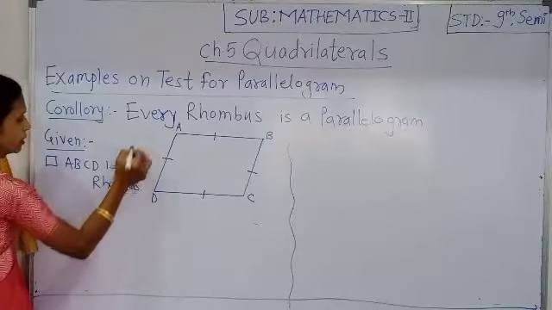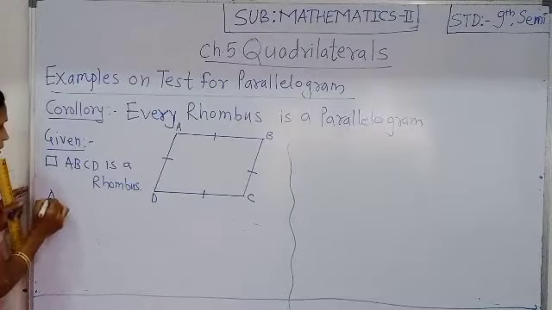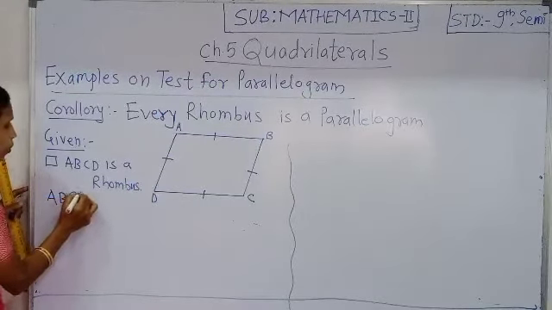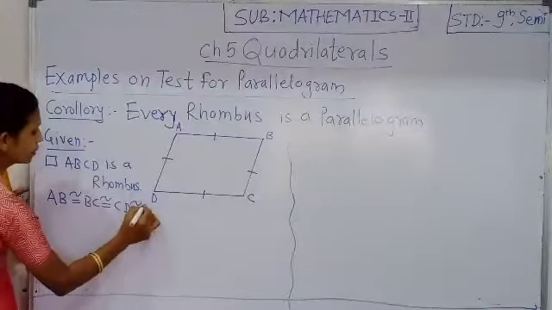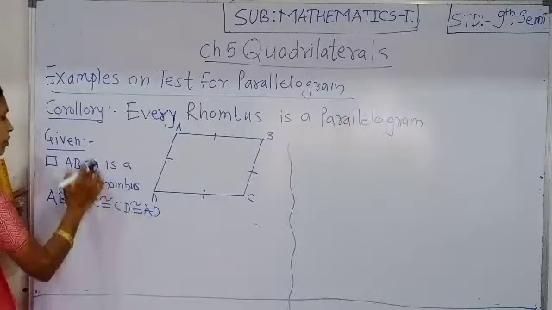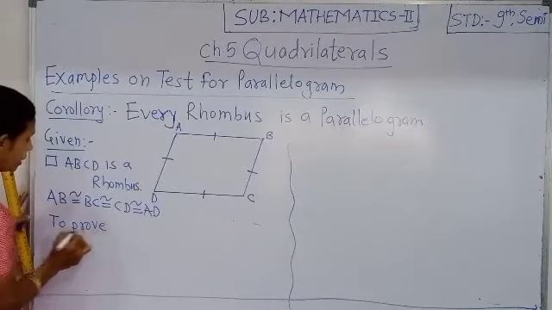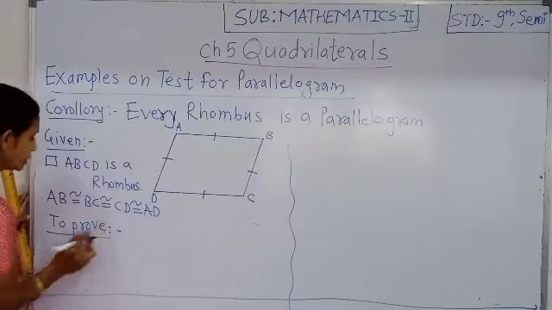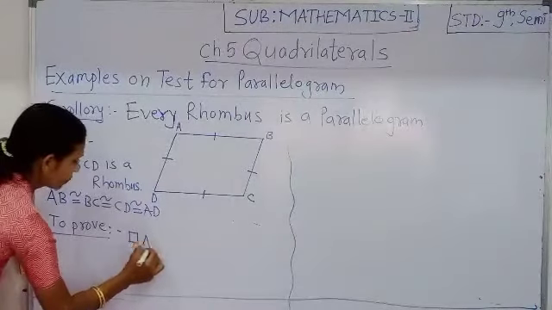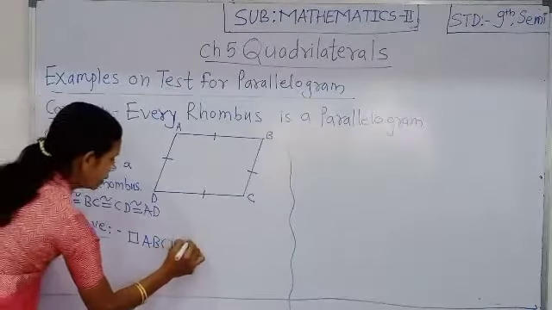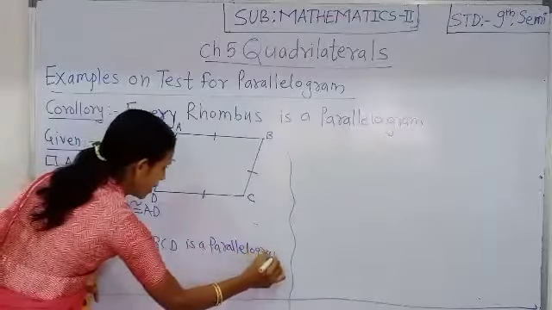As it is a rhombus, we can write AB congruent BC congruent CD congruent AD. That means all four sides of a rhombus are congruent. Then we write what we have to prove, that is, quadrilateral ABCD is a parallelogram.